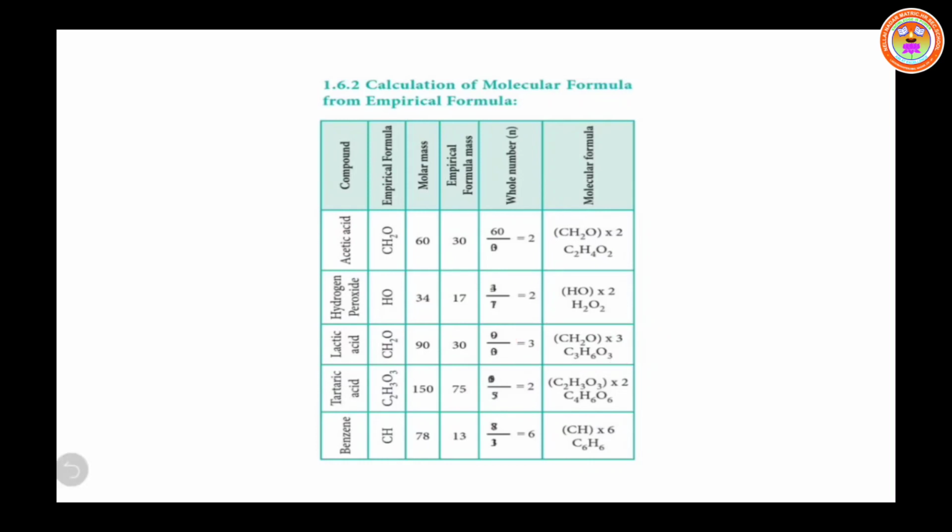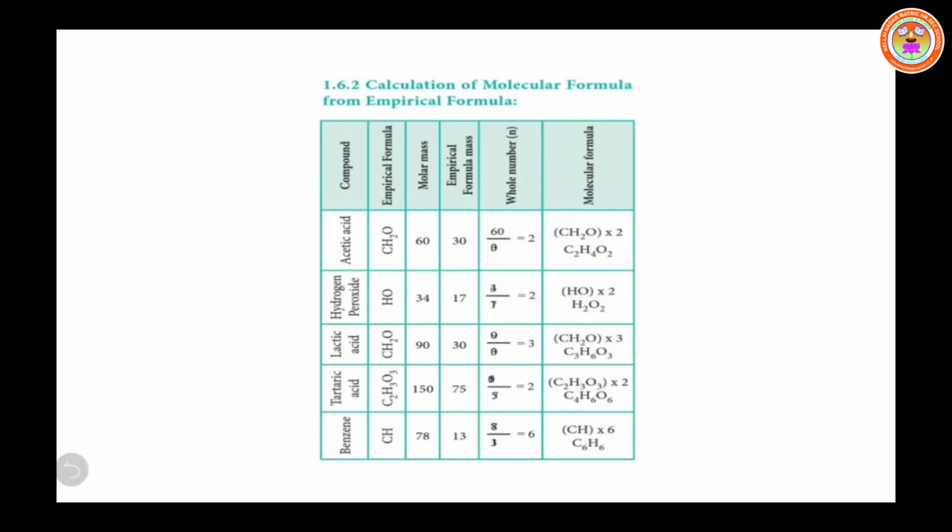Next we can see tartaric acid. The empirical formula of tartaric acid is C2H3O3. The molar mass of tartaric acid is 150. The calculated empirical formula mass of tartaric acid is 75.